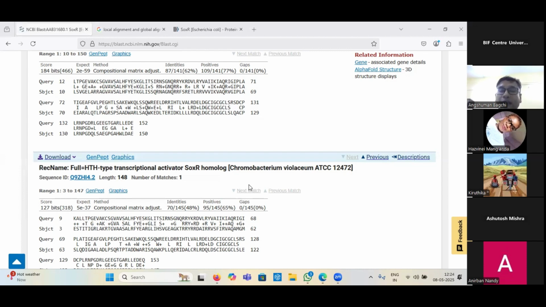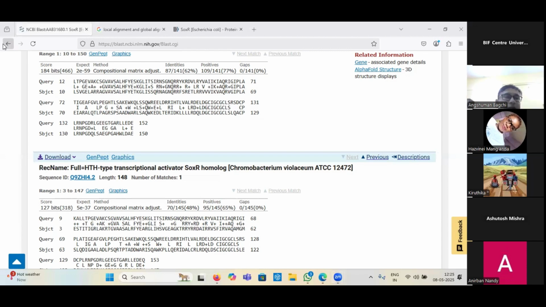Sometimes it may so happen that through a sequencing experiment, you generate the sequence, but you have no idea about it. Okay, Krutika? Did you get your answer? Okay, fantastic.